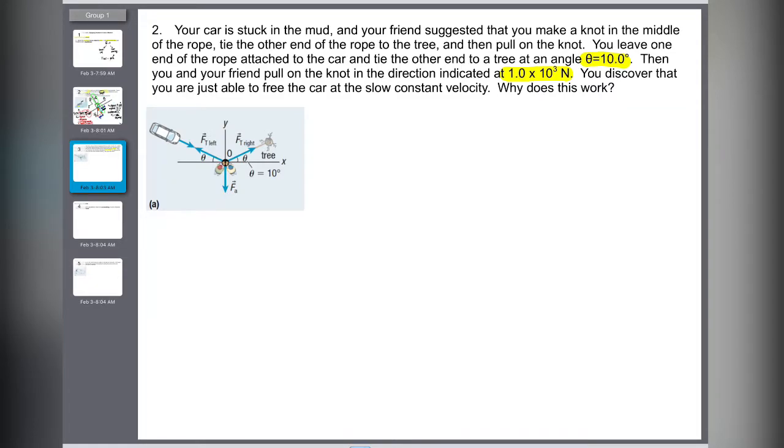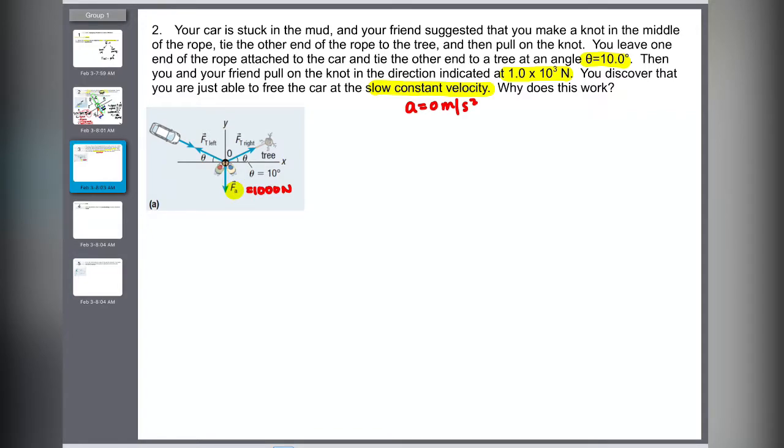So this is how strong you and your friend are. You and your friend are able to pull at 1,000. So this is 1,000. Okay, you discover that you're able to free the car at a slow, constant velocity. The implication from the question, constant velocity, means this is a first law question again. The acceleration is 0.